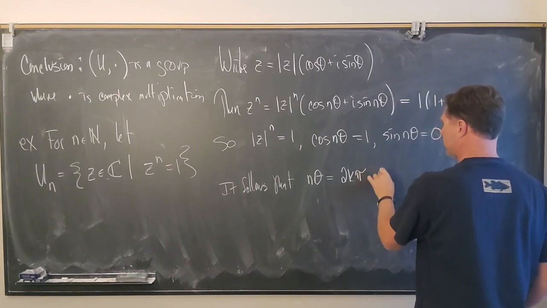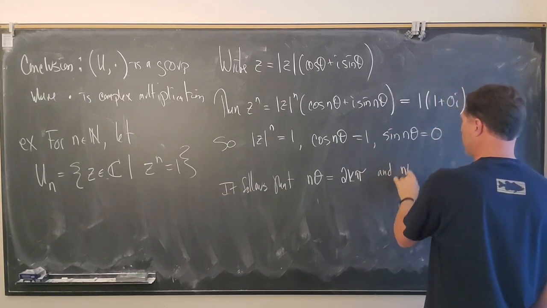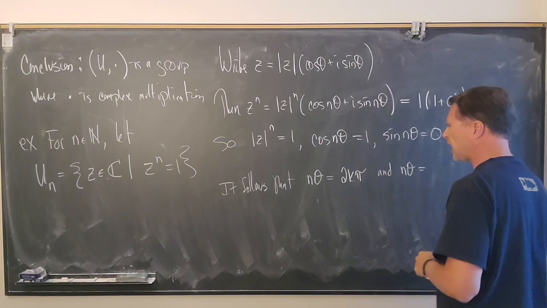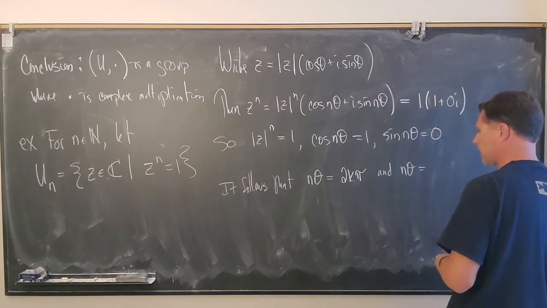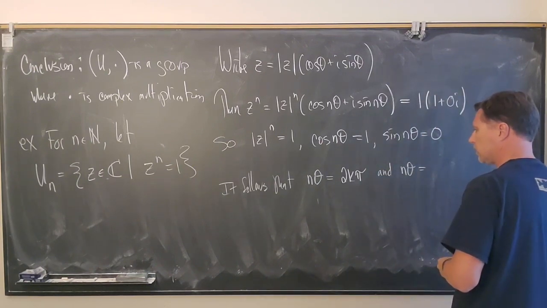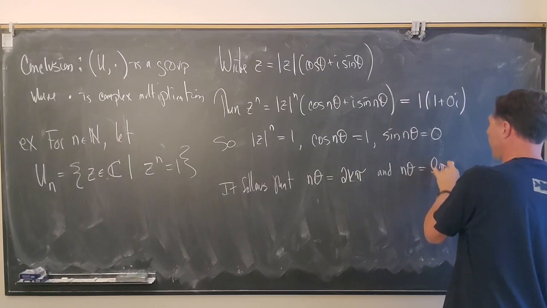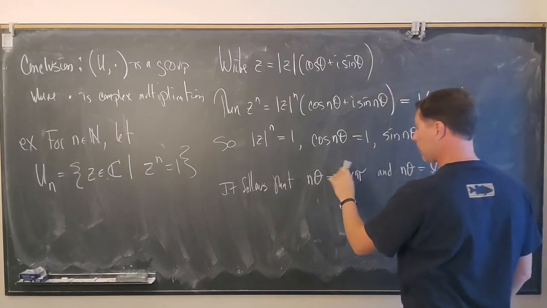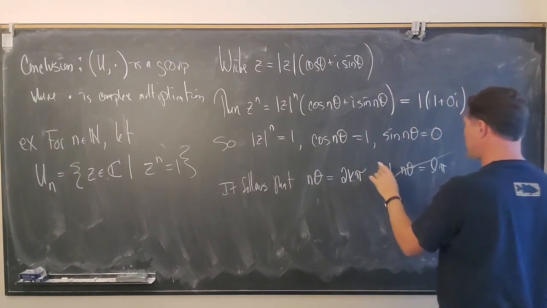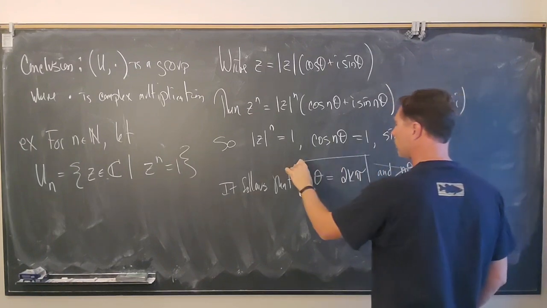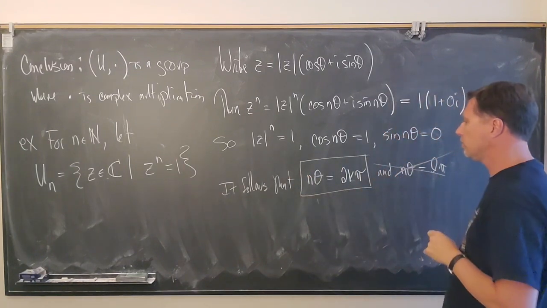So we can say n theta has to equal not just the even ones, so we could say it's also equal to L times pi. But to make it happen simultaneously, we don't actually need this one. And so that's the one that's true.